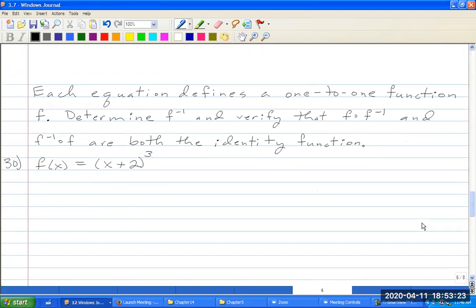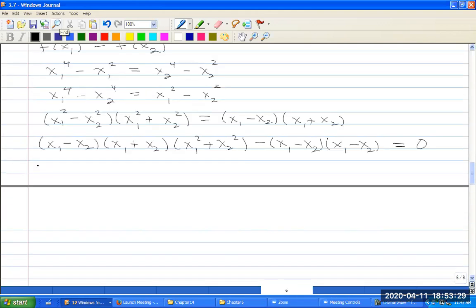Let me add another page here. So I get x1 minus x2, x1 plus x2 times x1 squared plus x2 squared minus 1.